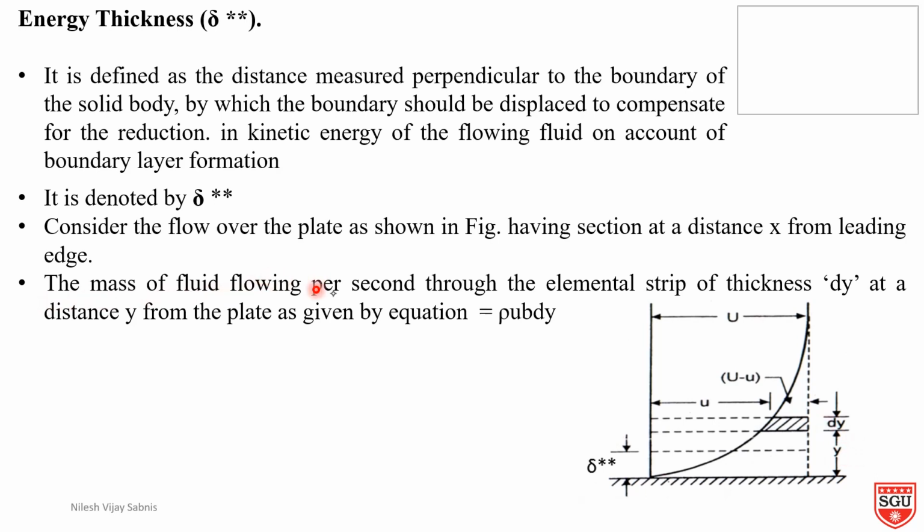The mass of fluid flowing per second through the elementary strip of thickness dy at distance y from the plate is given by the same equation, rho u b dy. Mass remains the same. Through this strip, this much mass is flowing.